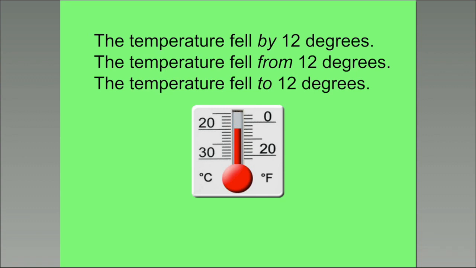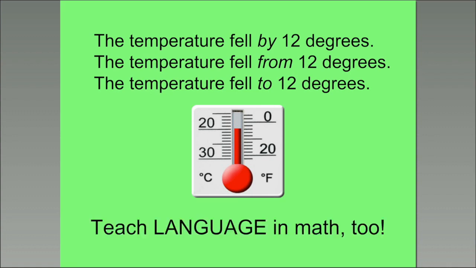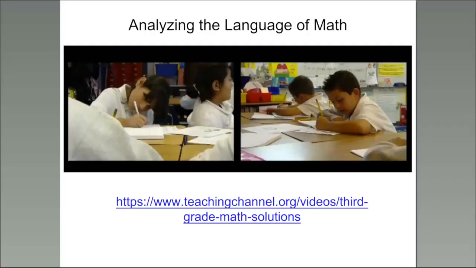So now that we've looked at some of the language issues that ELLs face in math, we're going to have the opportunity to analyze the language that two students use in a third grade classroom of math. Now, some of you may have seen this video. I'm going to ask you to focus in this viewing of it on how Sarah and Carlos, the two students in the video, use language to express their understanding of addition problems.